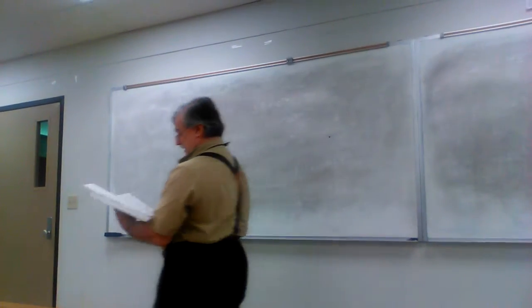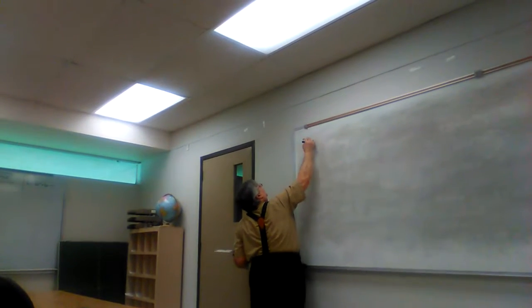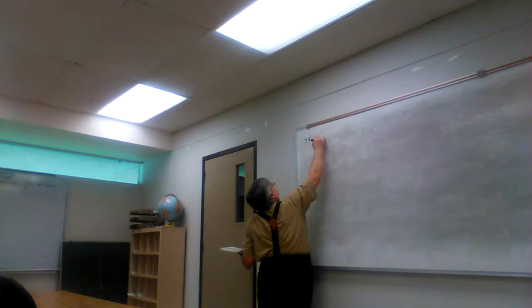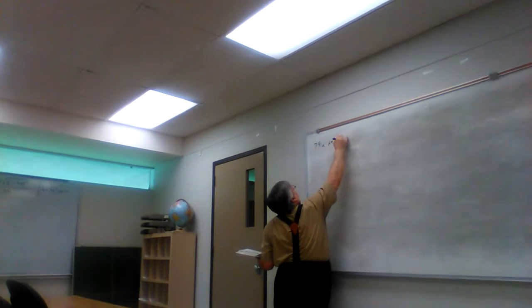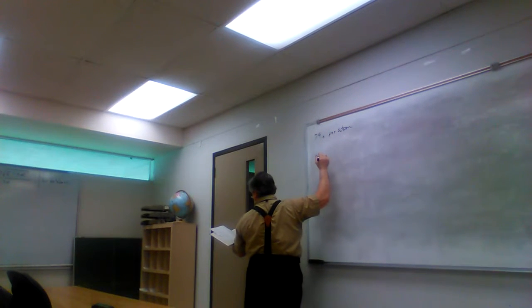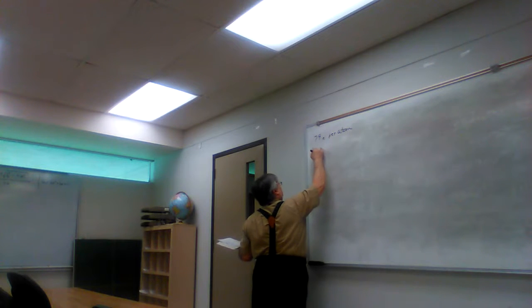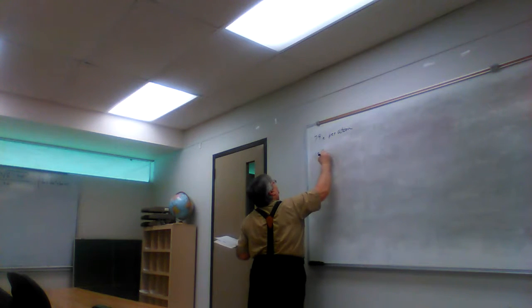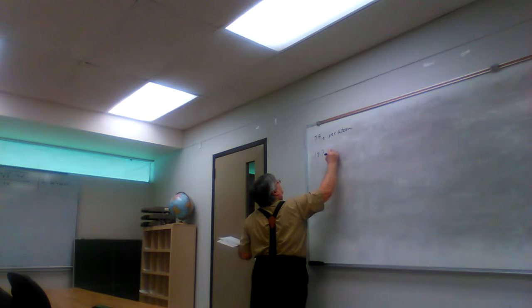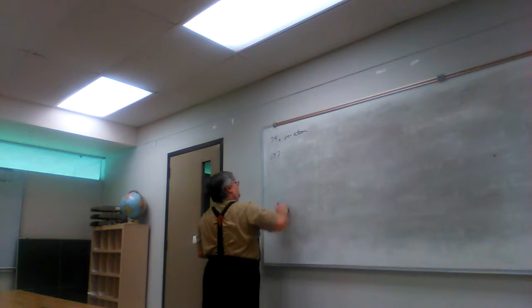It has 79 electrons per atom, and the mass of each atom is 197 daltons, or atomic mass units.